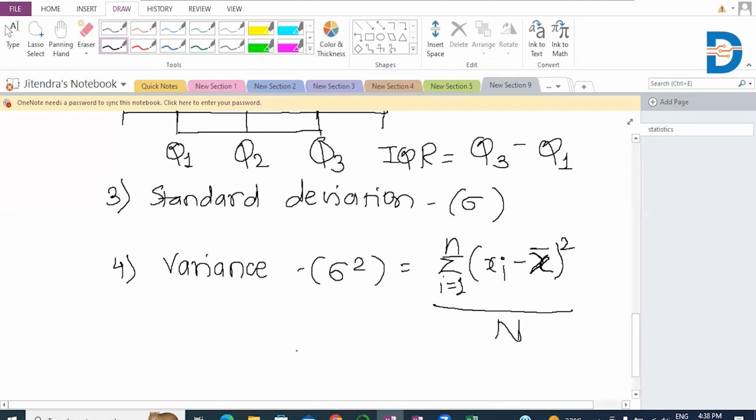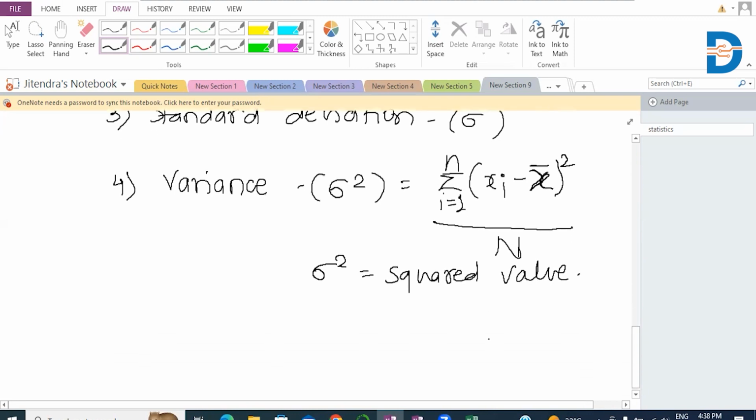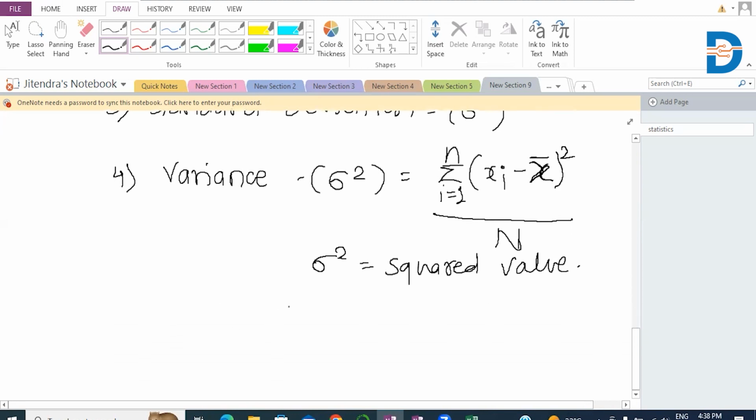But the variance is the squared value. To get the exact value, we can take the square root of this variance.